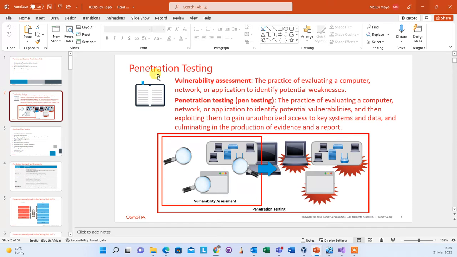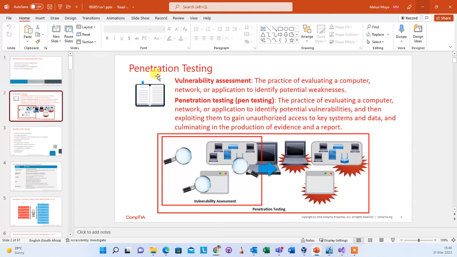So the vulnerability assessment is the practice of evaluating a computer network or application to identify potential weaknesses, right? That's basically what you're looking for. You are going through that phase. You're looking for weaknesses, and identifying any loophole within the system that you're looking at.